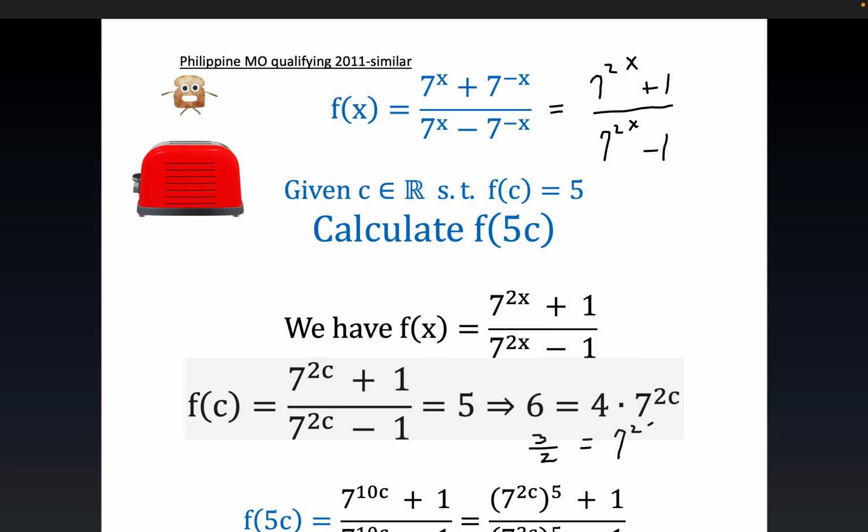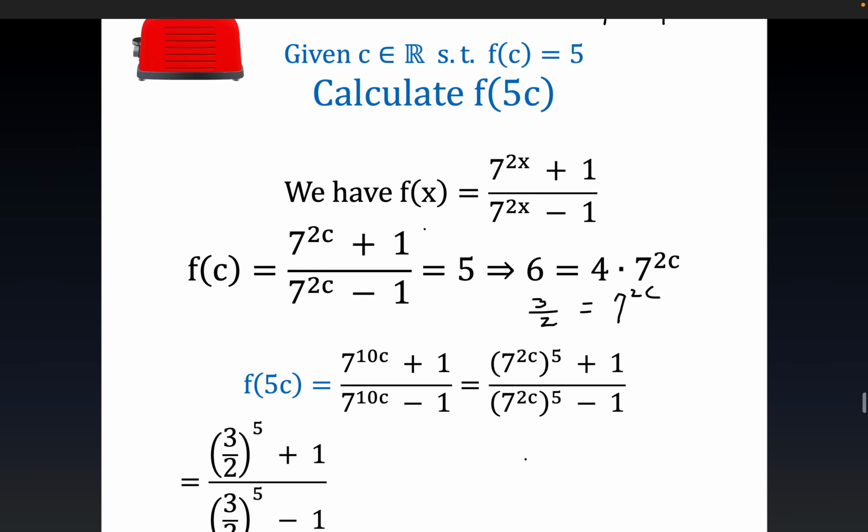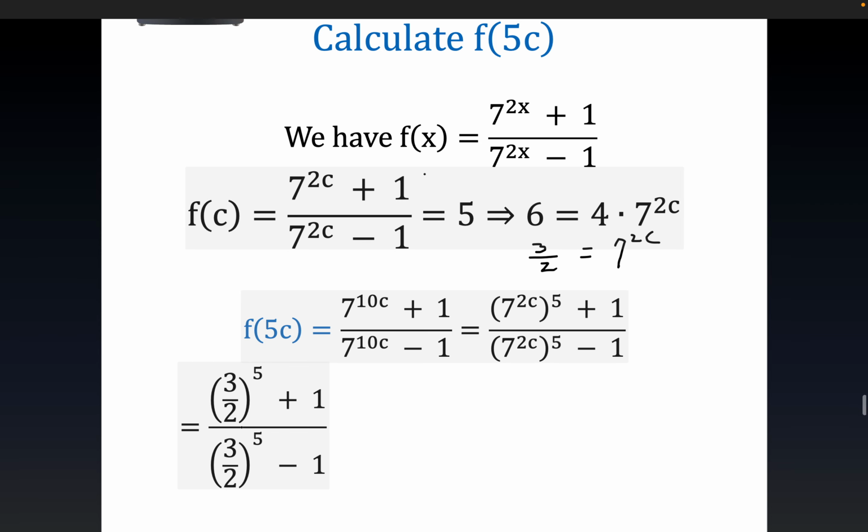Now, why is that important? Because the object we're looking at to evaluate, f at 5c, is equal to exactly this. But by laws of exponents, we get this. So it's a very simple substitution at this point. We just put 3/2 in right here.